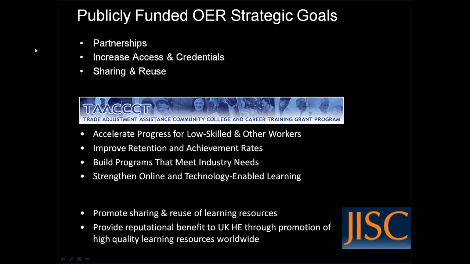If I take the 3 case studies or 3 examples of publicly funded OER that I've proposed, the top one there lists 3 strategic goals associated with the BC Campus OER initiative, which has been entirely funded by the Ministry of Advanced Education in British Columbia. And there really are 3 goals around what they're strategically trying to do.